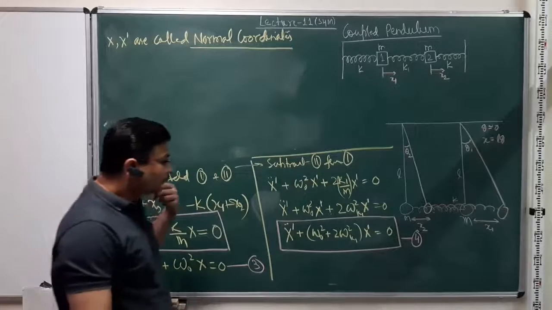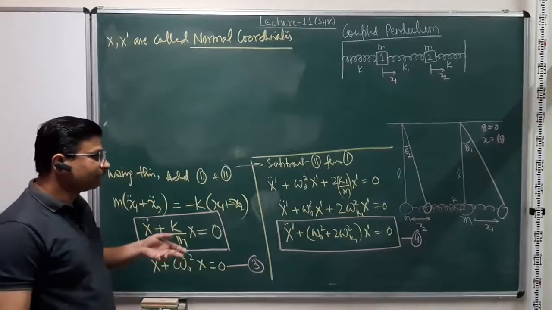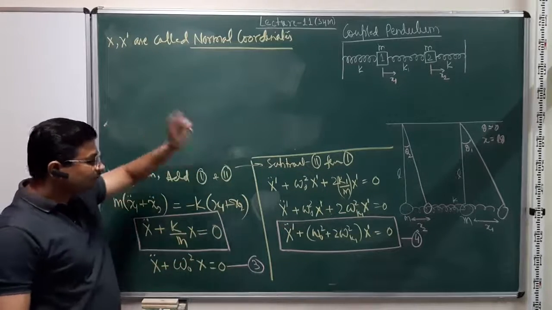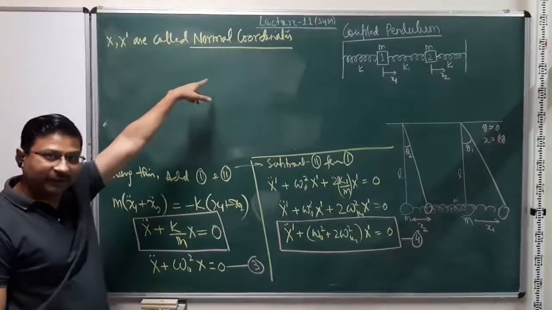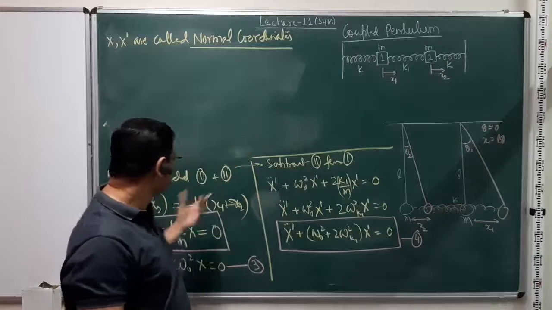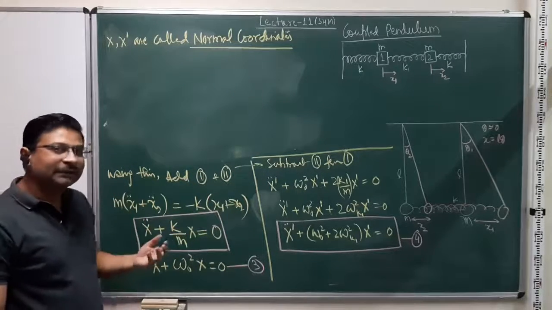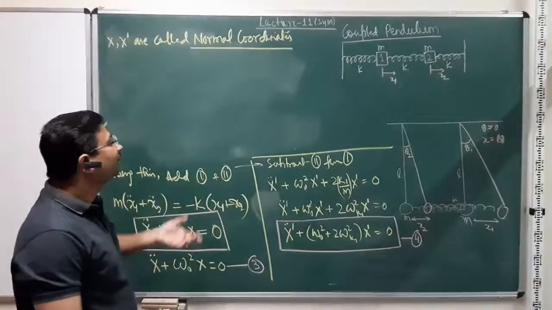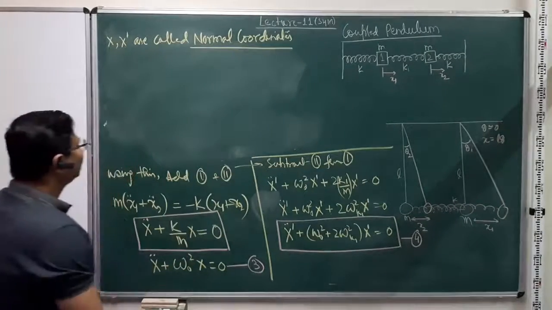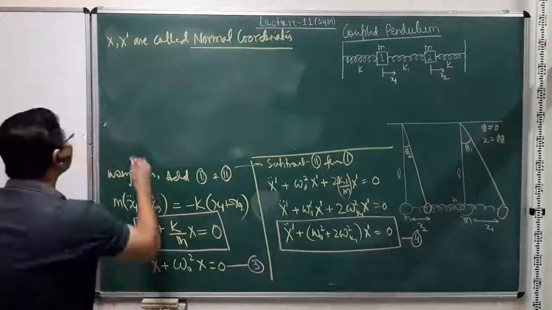So every coupled system or every system of oscillators which are coupled to each other can be described in terms of such normal coordinates. And in some cases, it will be easier to find the normal coordinates. For example, here, just by adding, subtracting, you could find the normal coordinates. In other cases, it may not be that trivial. However, the normal coordinates will always exist, and we can describe the system in terms of these normal coordinates.